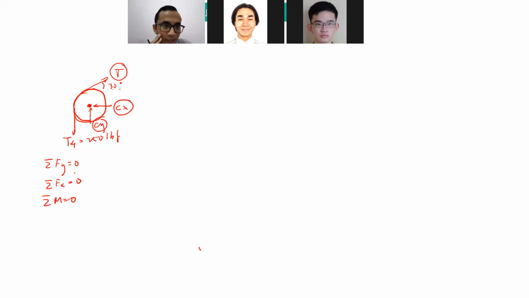If you use sigma Fx equal to 0, there will be two unknowns as well: the cosine component of T and Cx. But if you use sigma moment at C in the middle, there will be only one unknown, T, because T4 is already known. So the best way is to use sigma moment first. Sigma moment at C equal to 0. Okay, Mario? Would you mind executing sigma moment at C equal to 0, Mario?